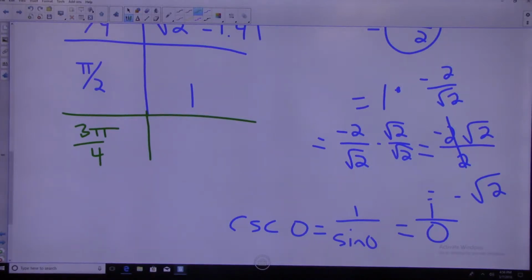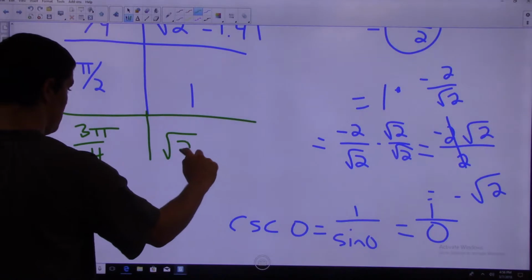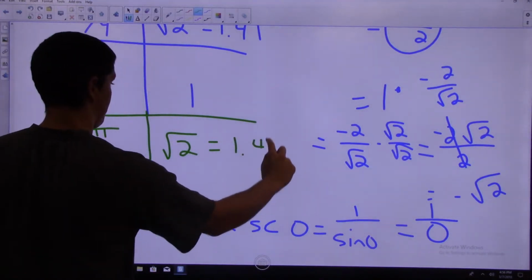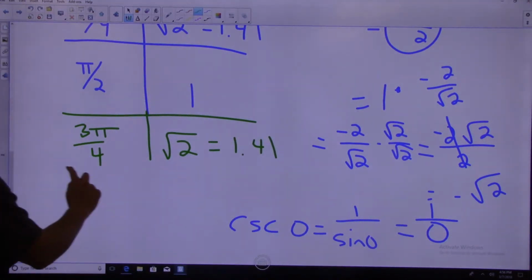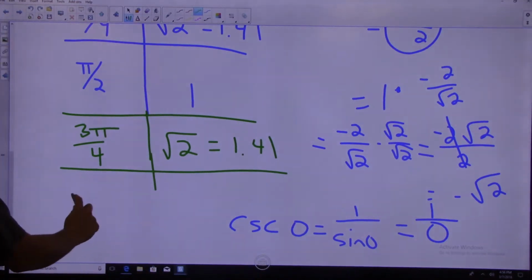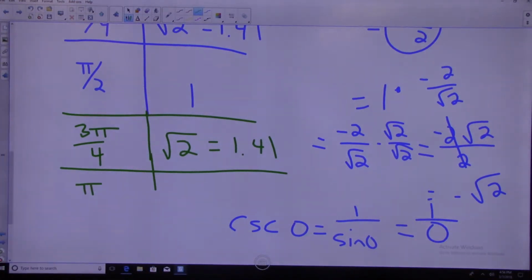The sine of 3 pi over 4, the answer is going to be positive square root of 2 again, which is 1.41. And then let's just do one more for good measure. So let's go on to pi. If I take the cosecant of pi, cosecant of pi is going to be 1 divided by 0, which is undefined.